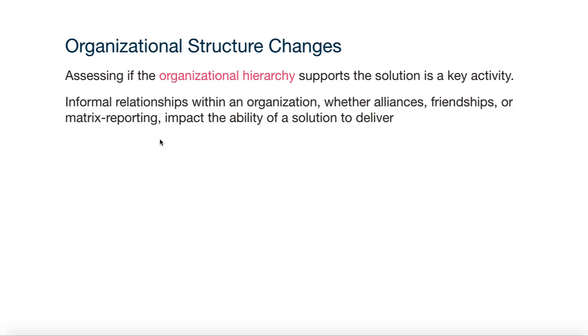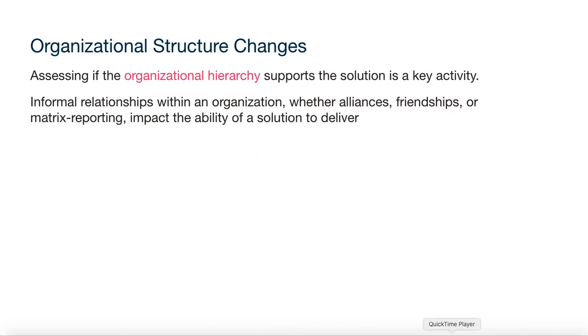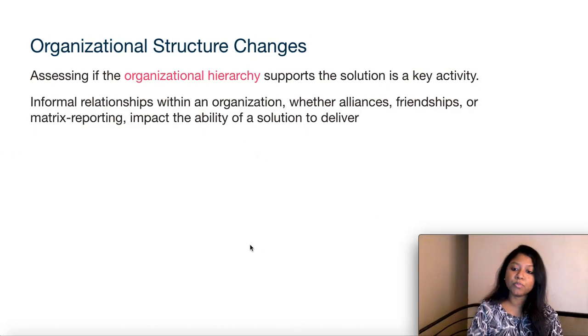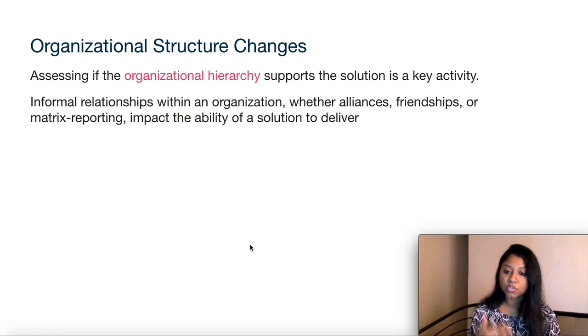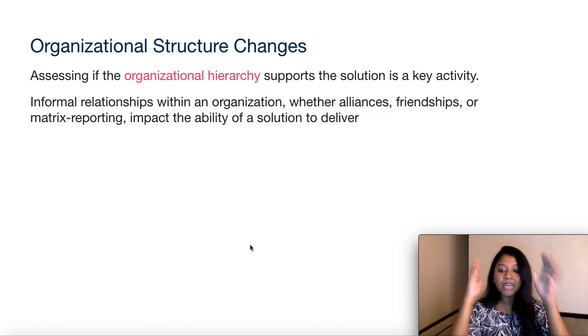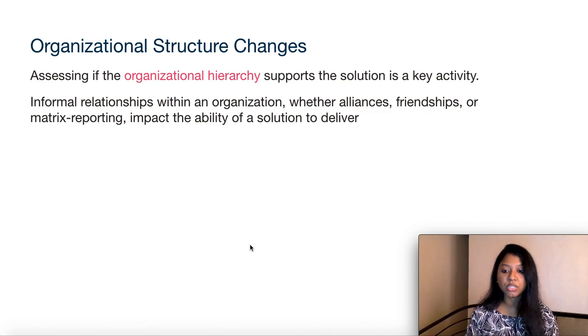The next one is organizational structure change. As an organization, there are probably different structures per organization. Maybe the organization is a flat organization, or it could be an organization with multiple hierarchical levels. Usually there is a well-defined structure for organizations, and you would have implemented a solution, a particular process that you defined in order to achieve a particular goal. But sometimes the organization hierarchy itself may not support that particular change.